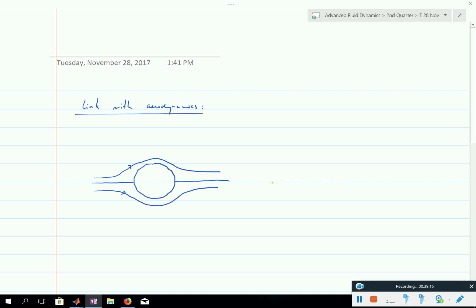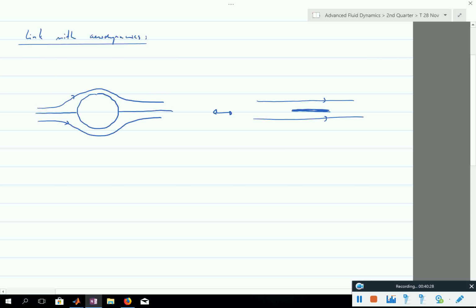Now this is a plate with no incidence. You don't have an angle of attack. Now let's take a plate with an angle of attack. So now this is my plate, and this is my cylinder.